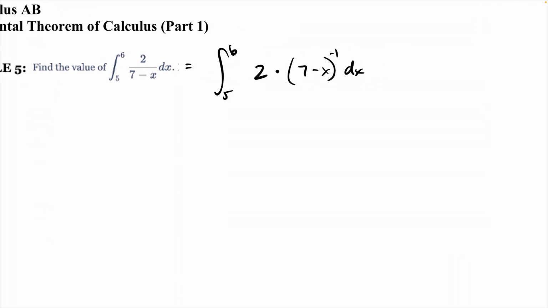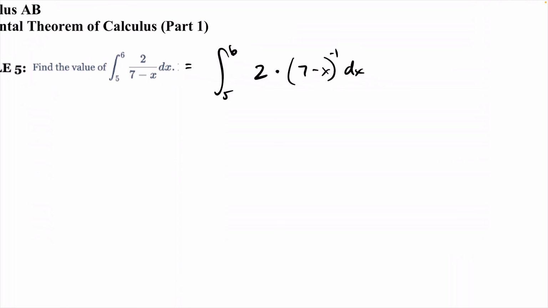For this one, could you have left it 2/7 times -x? No, because it's a binomial down there. I can't distribute the 2 because it's a -1 power. If it was a +1 power, go for it. But it's a -1 power, so I can't do that.